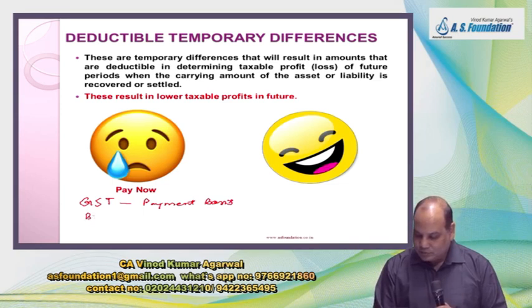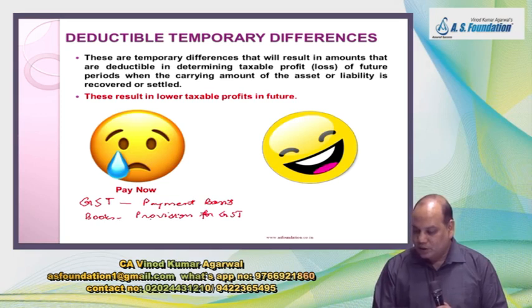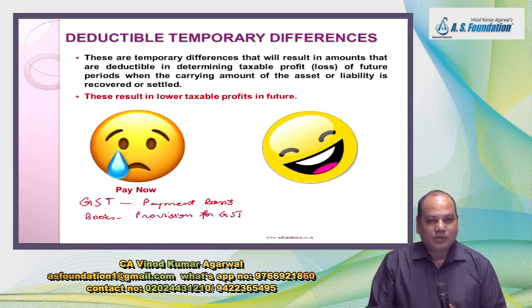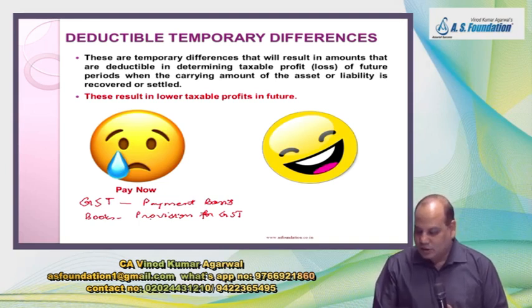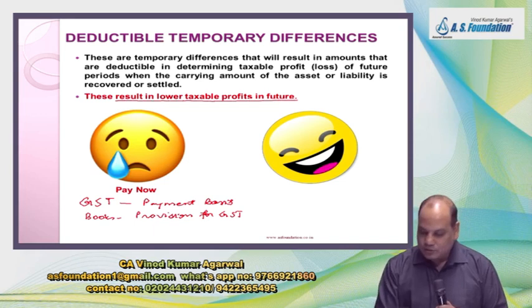So in the books, a provision for GST is created, a liability is created. But this liability was not paid. It will be allowed as a deduction in the year in which you pay the tax. So once you pay the tax, this will result in lower taxable profit in future.